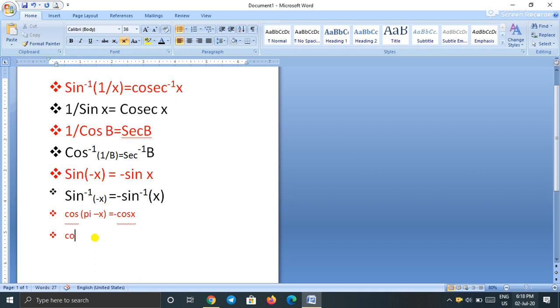So when I study this function in inverse trigonometry, it looks like this: cos inverse minus x is equal to pi minus cos inverse x, right?